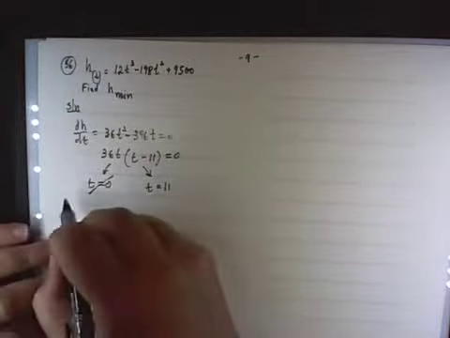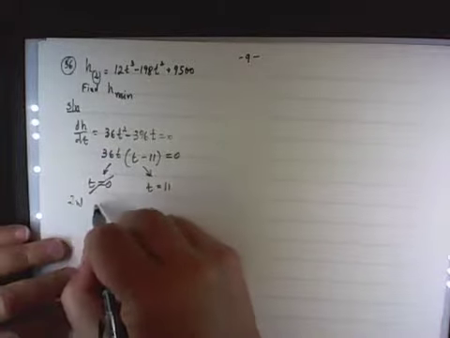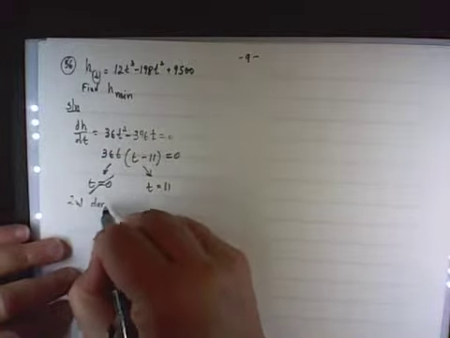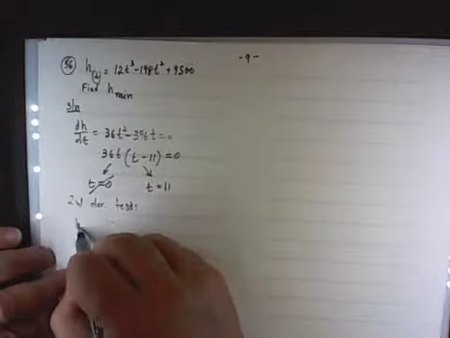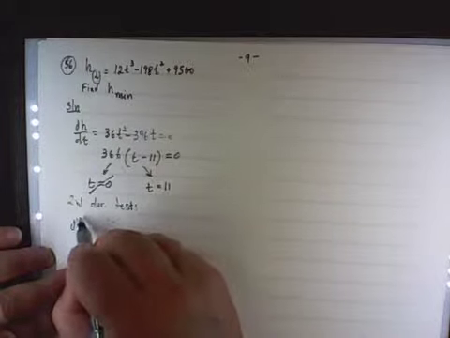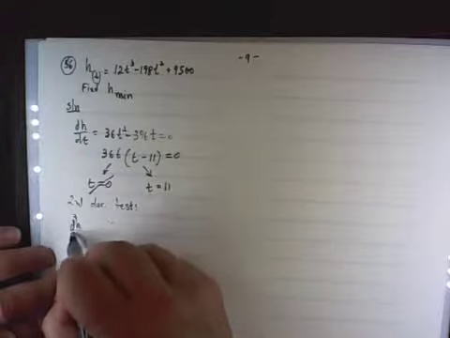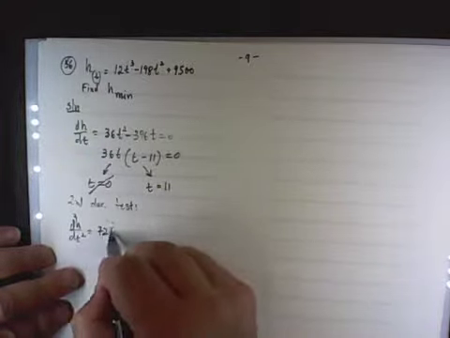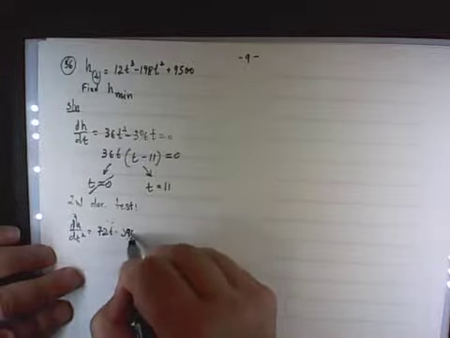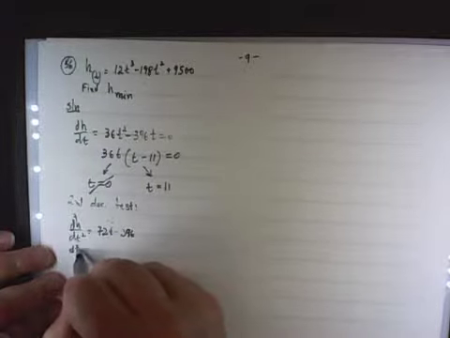So let's do the second derivative test. d2h/dt squared equals 72t minus 396, right?